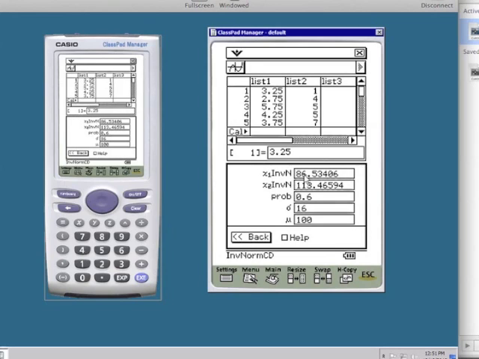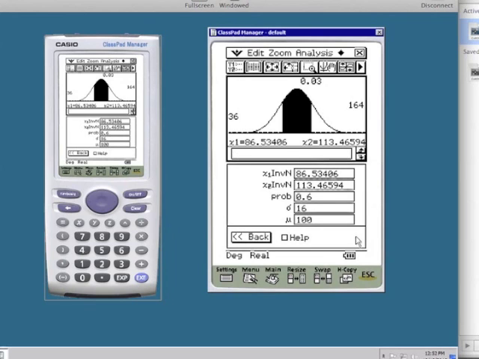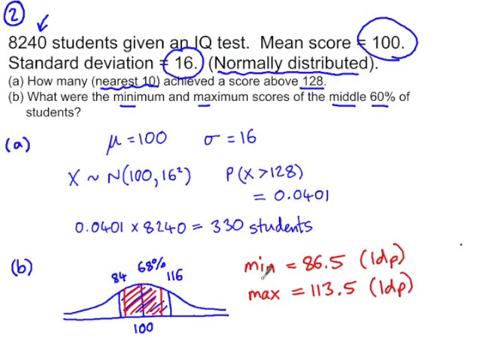Our two values are 86.5 and 113.5, both to 1 decimal place. And we can see what that looks like on a graph. We need to round so that we don't go outside of that 60% range. In other words, our minimum score would be 87 and our maximum score would have to be 113.